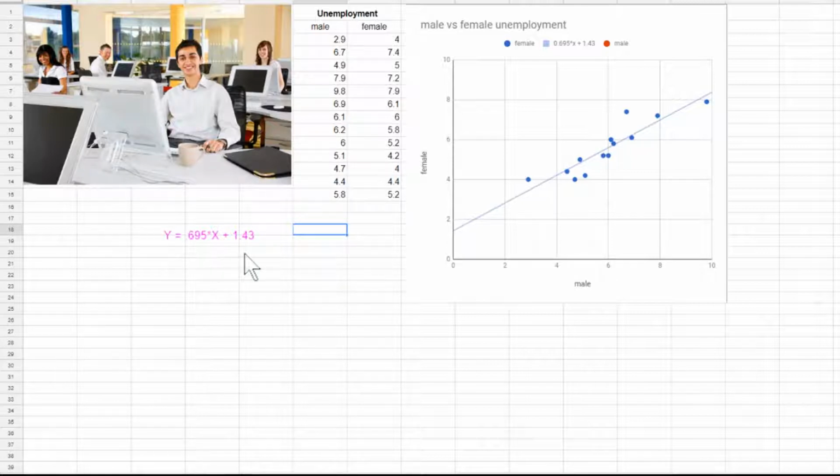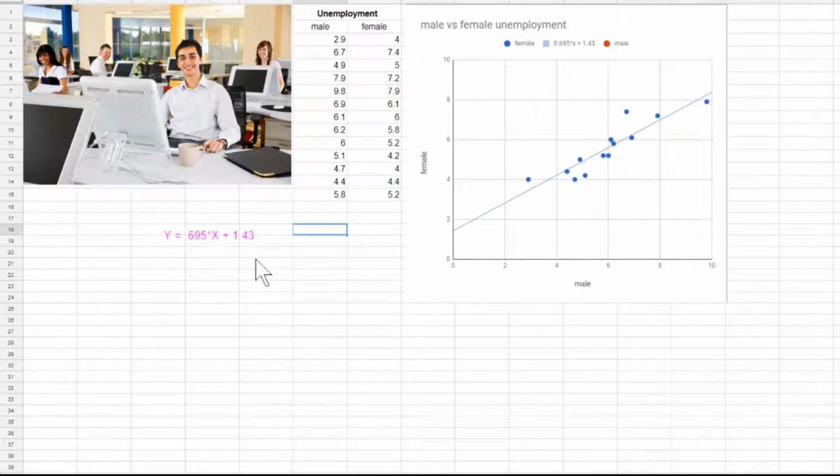First of all, let's look at this number here, 1.43. What this is saying is that if the male unemployment rate, which is the x-axis, were 0, the y value, which is the female unemployment rate, would be 1.43.